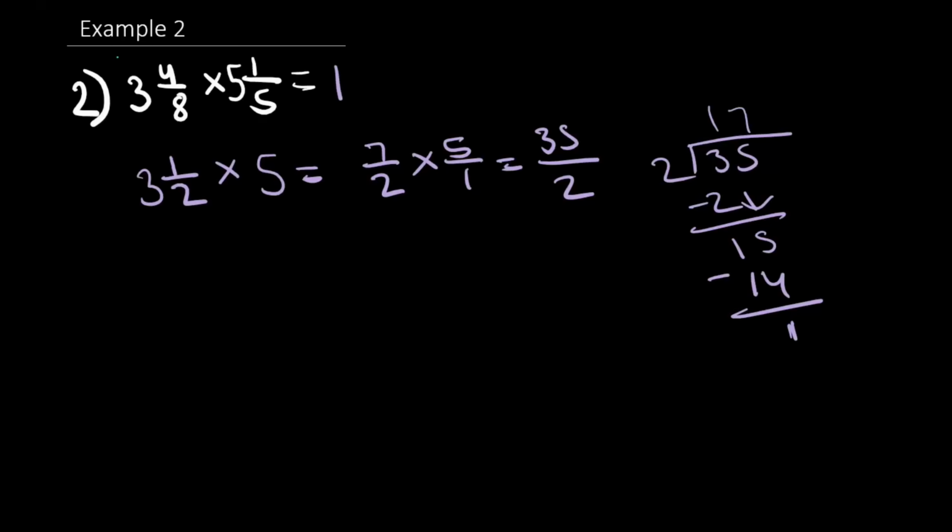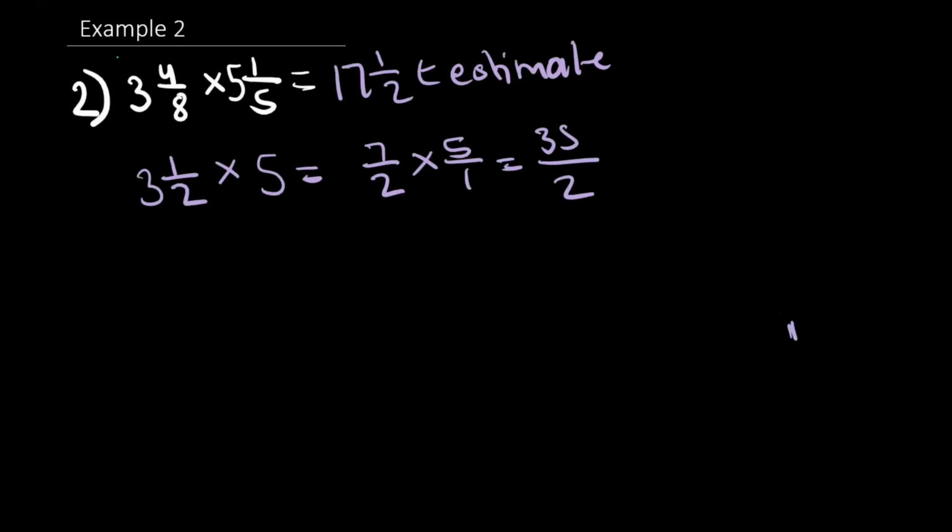So 17.5 is our estimate. Now what we need to do is find our real answer. To do that, we have to multiply 3 4/8 times 5 1/5. So, since 4/8 also equals half, we can just do 3½ times 5 1/5.